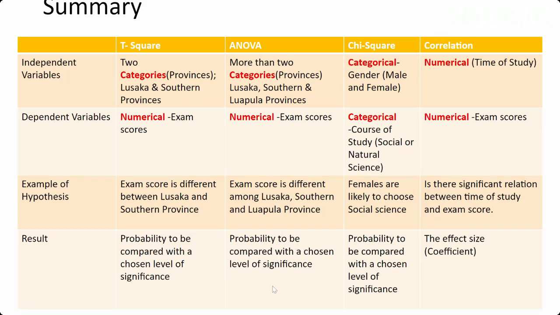The result of your test is going to be a probability which you are going to compare with your chosen level of significance. Under chi-square, the result is a probability which you're going to compare against your chosen level of significance, and under correlation, you're going to have the effect size, which is you're going to determine the effect of the relationship between your two variables, the independent and the dependent variable. See if it's significant or insignificant.